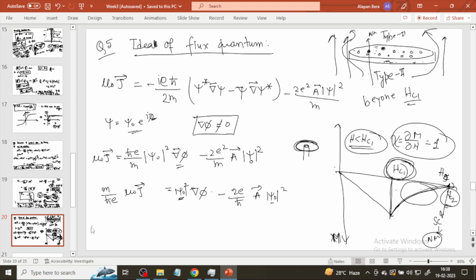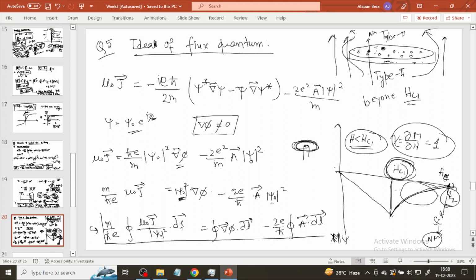So doing that we get m by h cut e mu naught J, and we divide both sides by this term, which is psi naught square, doing the line integration along this L. So this is now our equation after doing the line integration.